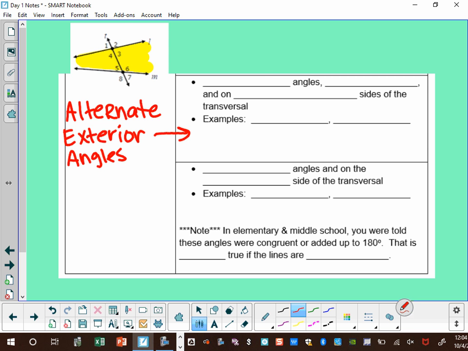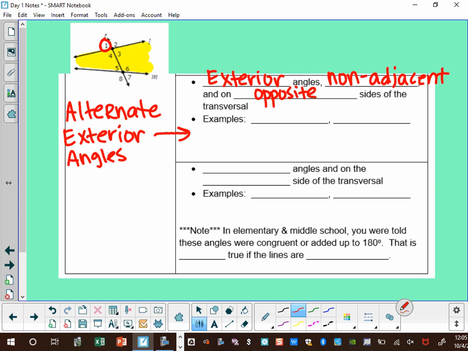That means we have exterior angles, non-adjacent, so they're not side by side, and on opposite sides of the transversal. All right, so if I need alternate exterior, I need opposite, and then do I need inside or outside? Outside. So I'm not even going to look at my numbers in the highlighted area. I need the outside numbers.